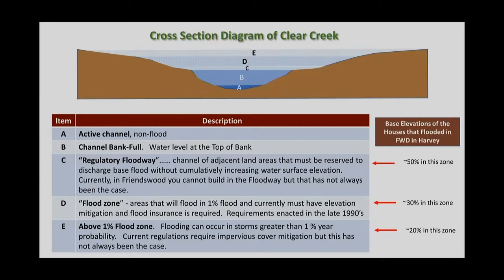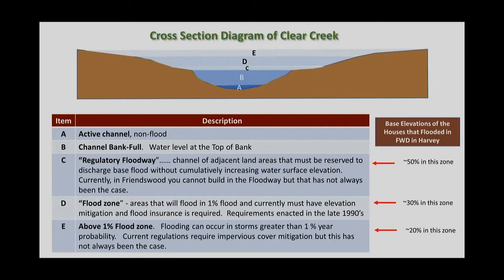The next level is the flood zone. This is the 100-year floodplain, or your chance of getting flooded in a given year of 1%. If you build in this area, it's a requirement to have flood insurance. The homes here are about 30%. And then if you're outside the flood zone, near the creek, like in Harvey, like myself, with lots of rain, street flooding occurs.